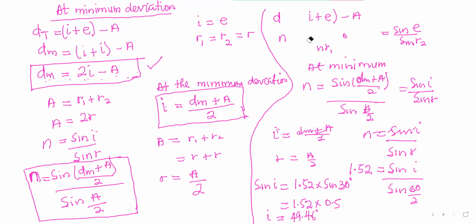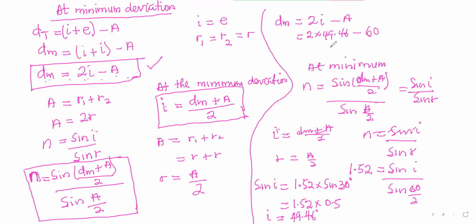So if I is this, then I can easily find my minimum deviation, because I know that minimum deviation is equal to 2I minus A. So if I is 49.46, I have 2 times 49.46 minus the angle of the prism, which is 60.